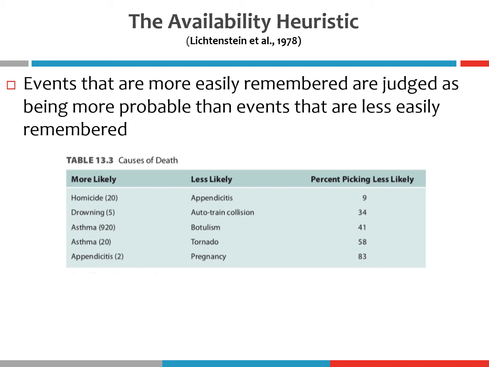And the number in parentheses indicates the relative frequency of the more likely cause of death compared to the less likely cause, right? So for example, 20 times more people die of homicide than die of appendicitis. Okay, so the number on the right indicates the percentage of participants who picked this less likely alternative, right?